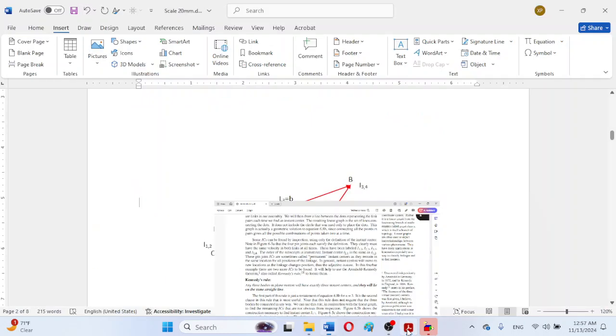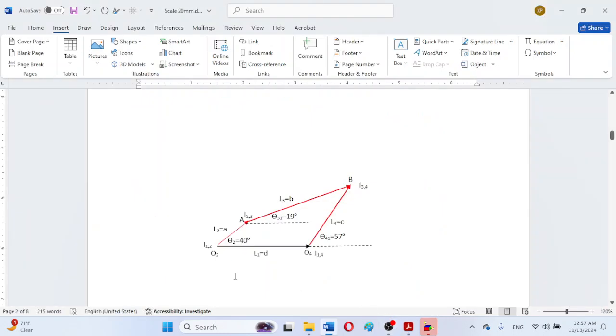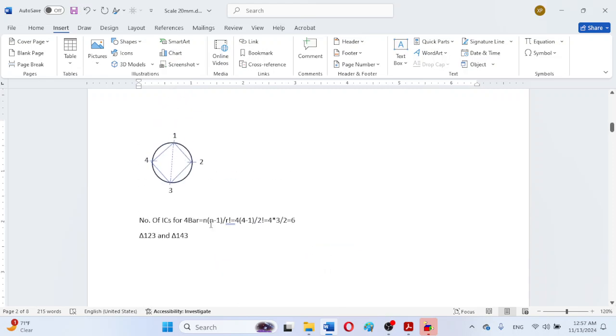So that actually means that, for example, if at this moment we are considering this triangle 1 2 3, this triangle is called the trio, meaning a combination of three links.